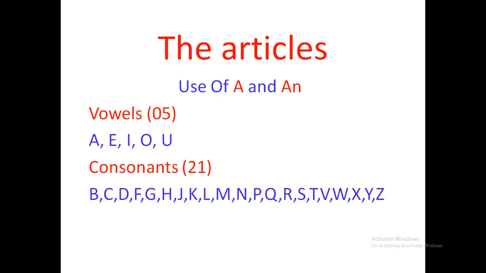Guys, where we use a and where we use an, this is very important to understand. There are 5 vowels in the alphabet: a, e, i, o, u, and 21 consonants.